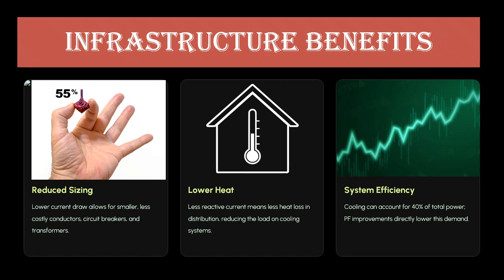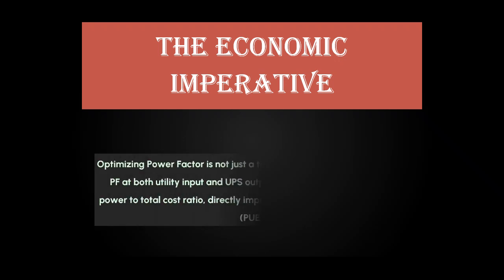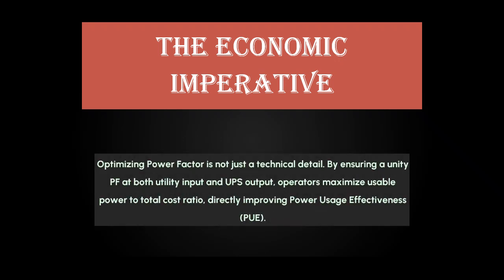The economic imperative. To conclude, optimizing power factor is far more than a technical compliance exercise. It is a critical economic and efficiency imperative. By committing to near unity power factor at both the utility input via modern UPS rectifiers and the UPS output via unity rated systems, data center operators can fully maximize the ratio of usable power to total cost.